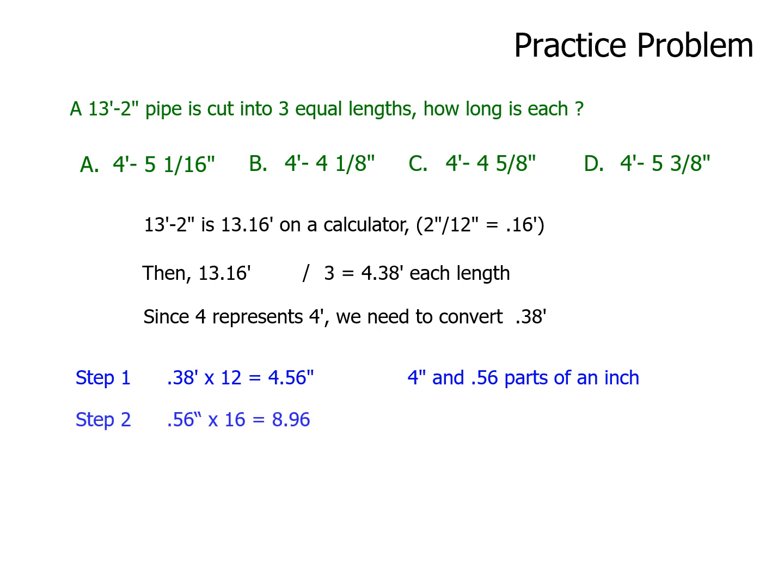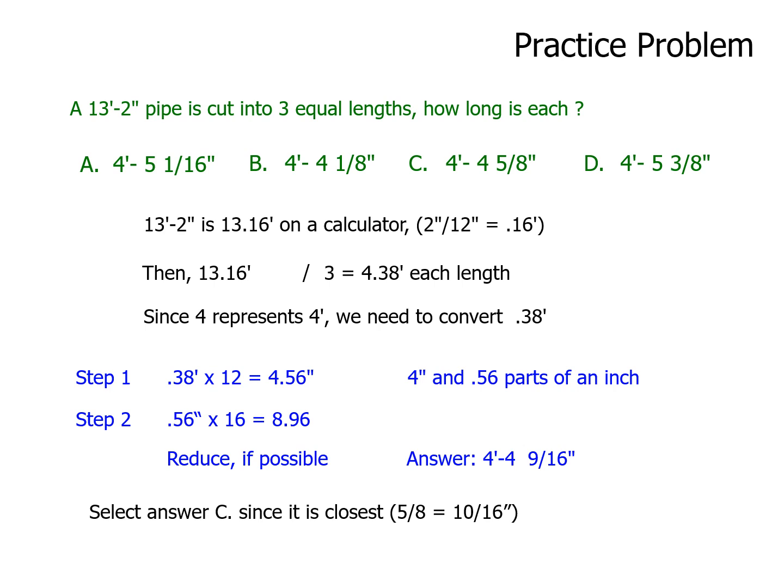I'm going to say 0.56 is part of an inch. What part of an inch? Multiplied by 16, and that's 8.96. Well, again, 0.5 and above round up, 0.4 and below round down, that needs to be a whole number. So I'm going to say it's 9/16. So now I'll look up to answer C, and answer C is a 1/16 of an inch more than that. It's 5/8.